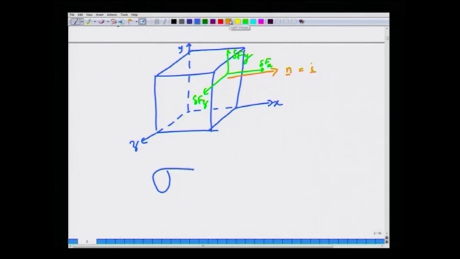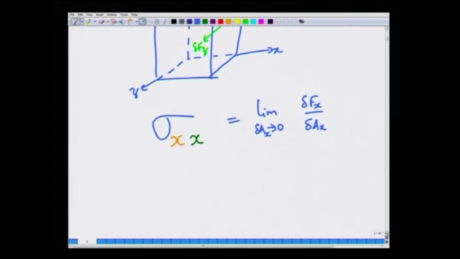Sigma x x is equal to the limit as delta A x tending to 0, where A x is the area of this face with unit outward normal in the plus x direction, of delta f x by delta A x. This is the normal component of the stress acting on that surface.